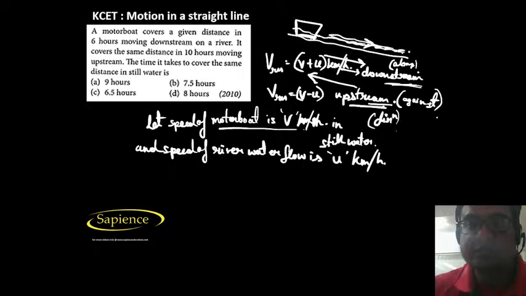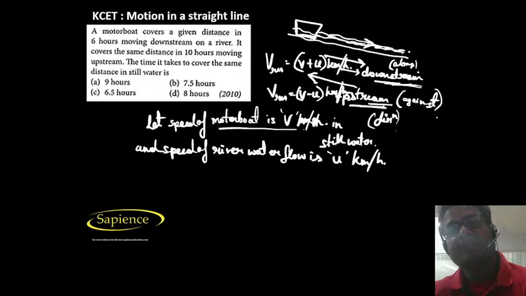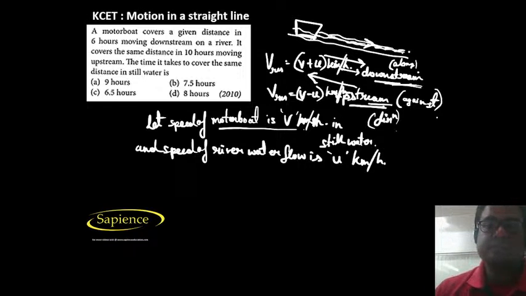When it is going against the flow, the river water acts against the motion of the boat. While going downstream, the river water flow helps it move downward, so the resultant speed will increase, and we have to add the speed of the water flow.